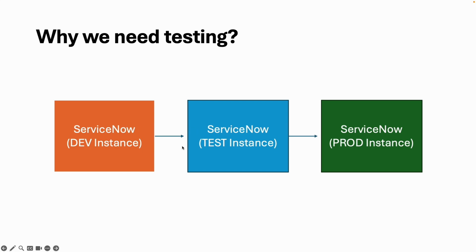In the test instance, the testers do the testing, and also the UAT, or user acceptance test, which is done by the client, so they also do some testing there. And then once everything is ready, your application is moved to prod, the production instance, where the end users who are going to use the service use it.